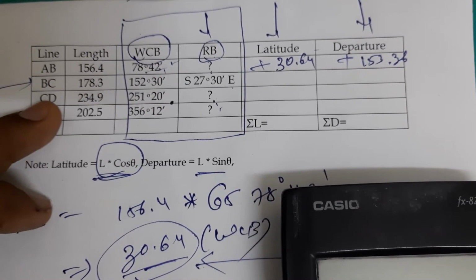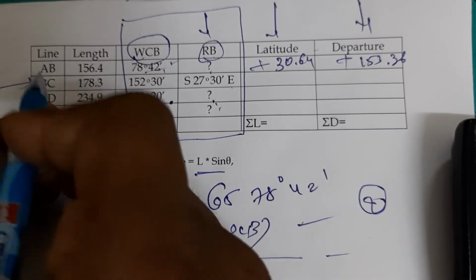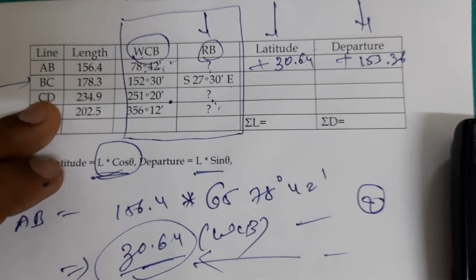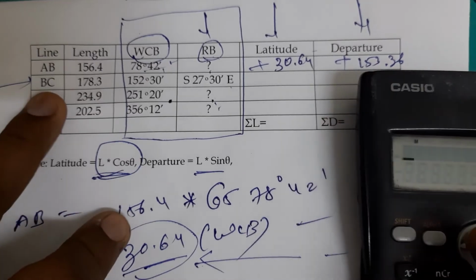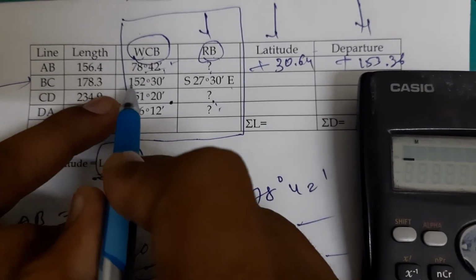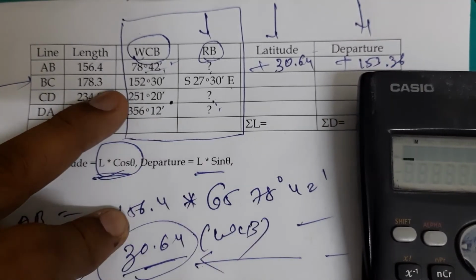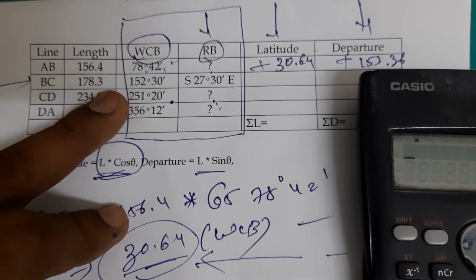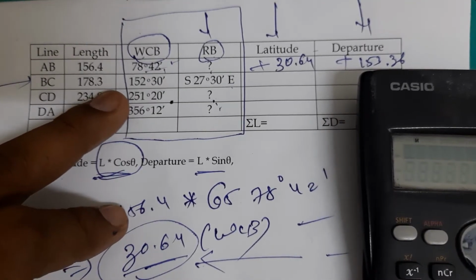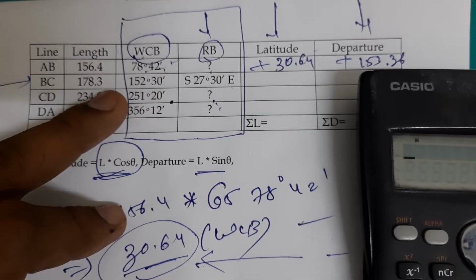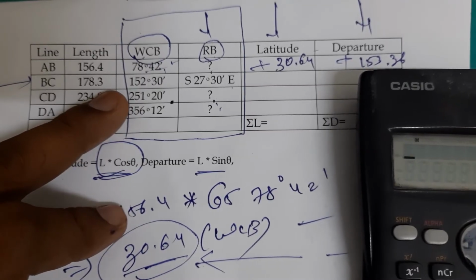Now for the BC line, the angle is 153 degrees. 153 degrees is more than 90 degrees, so it is in the second quadrant. In the second quadrant, the south is negative, so we need to put a negative sign in the latitude.